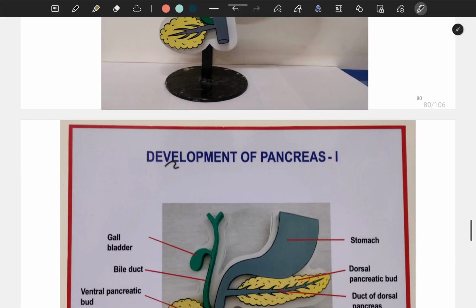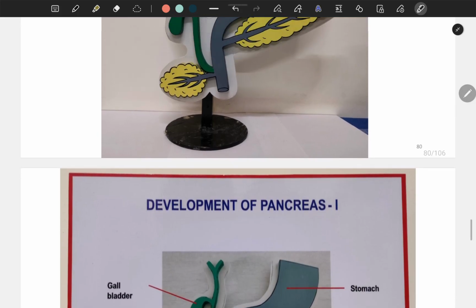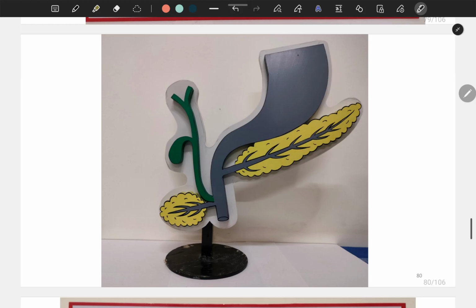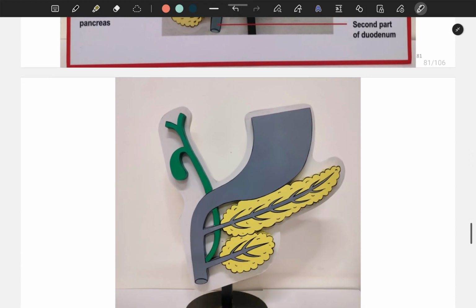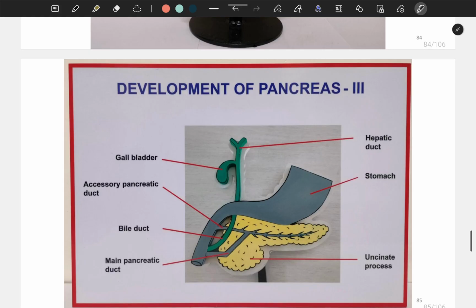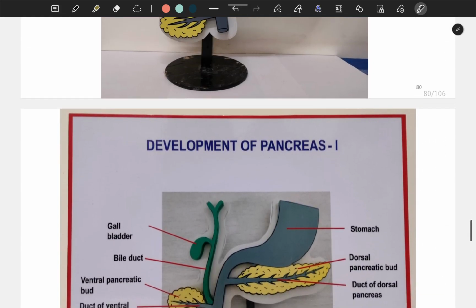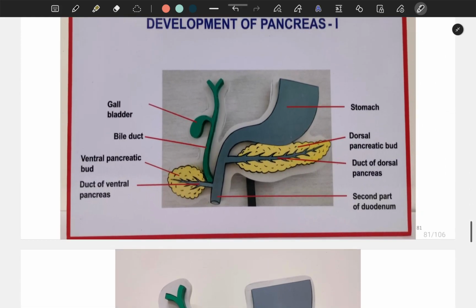Coming to the development of pancreas. Development of pancreas, 3 stages are there, 1, 2 and 3. First stage, here you can see gallbladder, this is hepatic duct, common hepatic duct, and this is a cystic duct, joins to form common bile duct.